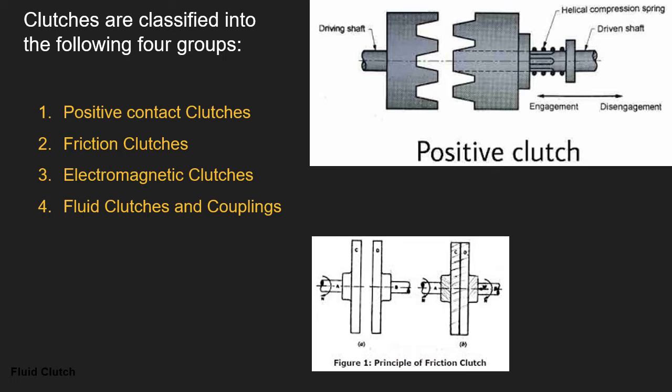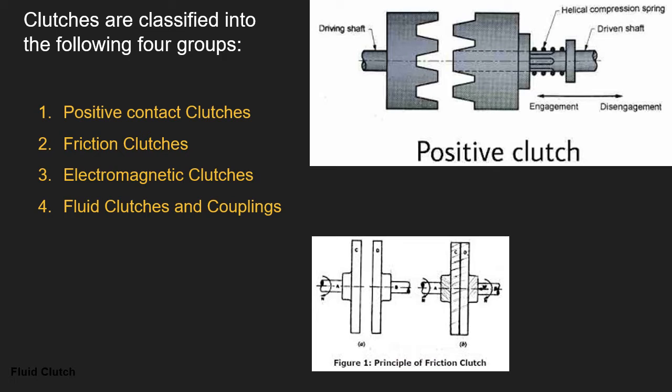When the clutch plates are in contact, because of the friction between both, it will behave as a single unit and there will be power transmission. When you press the clutch pedal, they will be separated and there will be a temporary break in transmission of power.